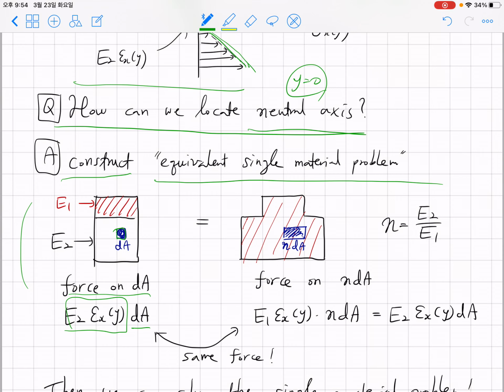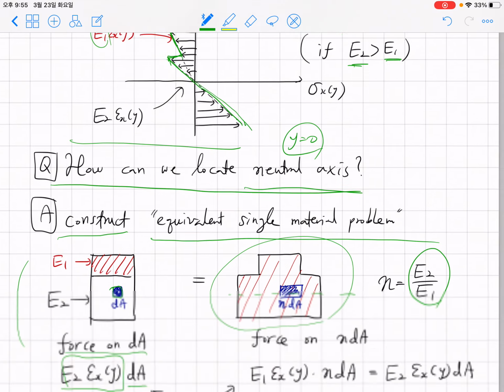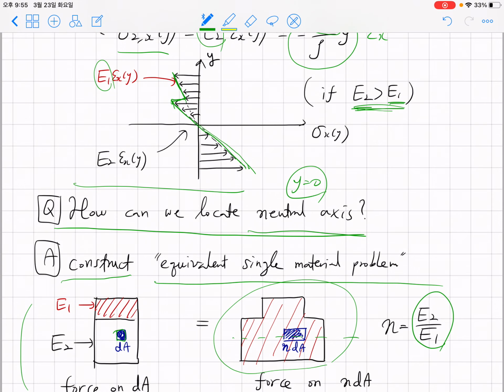An equivalent single material problem considers a problem with the same force and moment distribution. To satisfy that, we have to make a single material problem whose force at the same height must be the same. To do so, we first have to obtain the ratio between E2 and E1. Here, we want to construct an equivalent single material problem with the red material with E1. So we colored the entire section with E1, and as I told you, we assume E1 is smaller than E2.